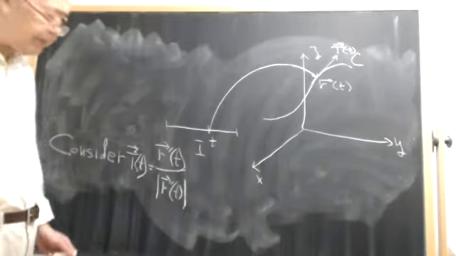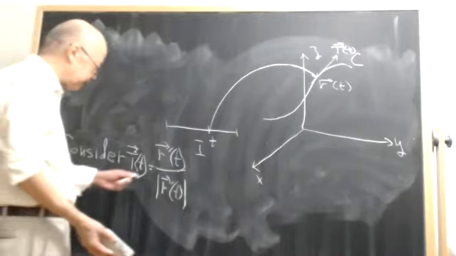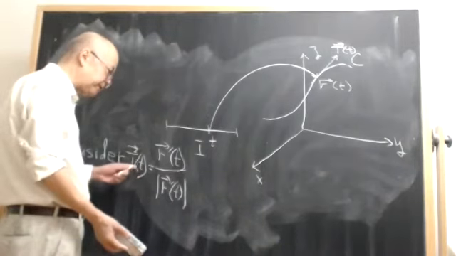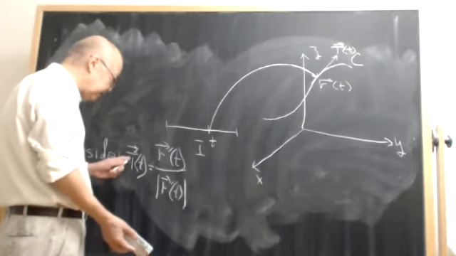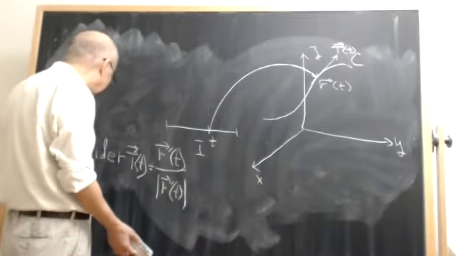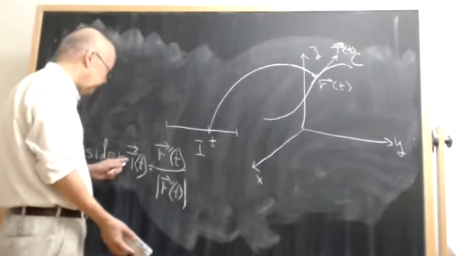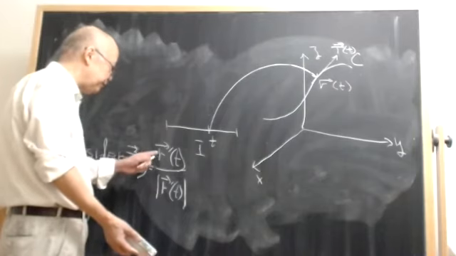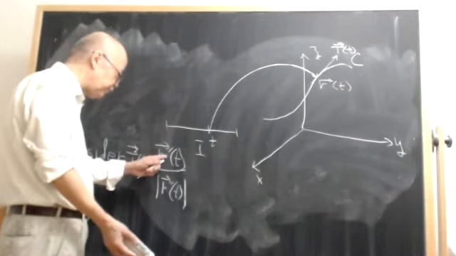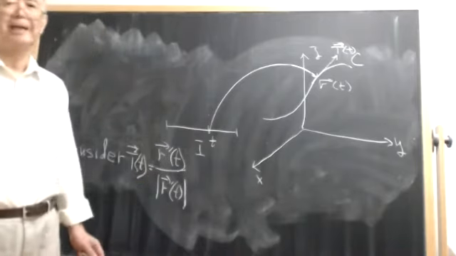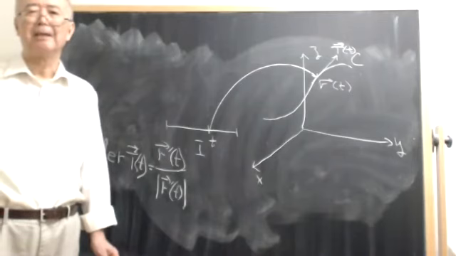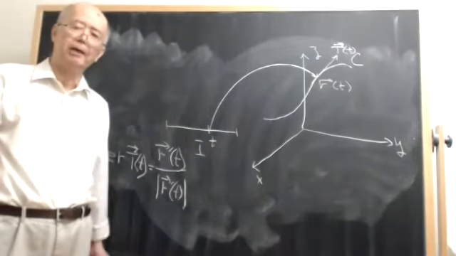He's asking how I get this equation. This is the definition of T of t. That's why I said consider T of t, which is the derivative, the tangent vector, normalized. That's the definition of T of t.